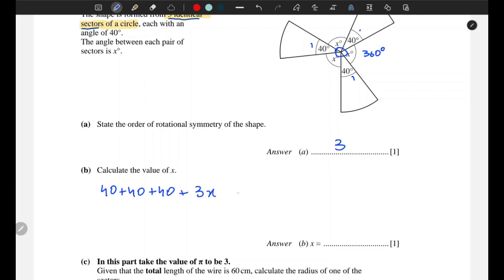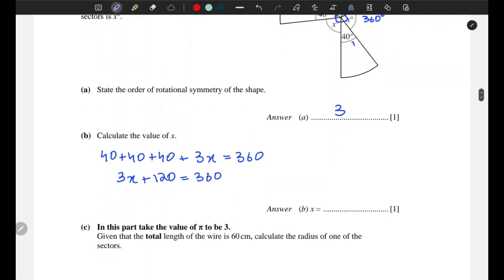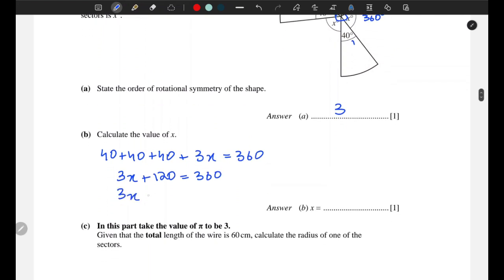So I can just write this as 3x, which is equal to 360. 40 plus 40, 80, 80 plus 40 is 120. So 3x plus 120 is equal to 360. So 3x, we subtract this 120, so you get 240, and x is equal to 80. And that is your final answer.